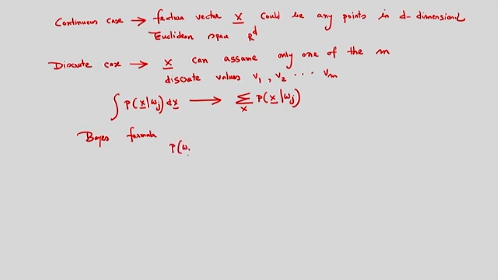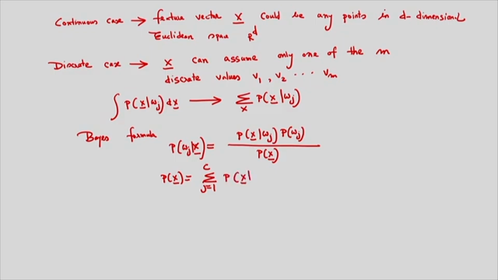You know this formula: the probability of omega j given x is nothing but the posterior probability, and this probability of x given omega j is the likelihood, or you can say the class conditional density, and this is the prior probability, and the denominator is the evidence. So evidence, already you know how to write the evidence. Evidence is nothing but, for C number of classes, the sum of probability of x given omega j into probability of omega j. So you know this one.